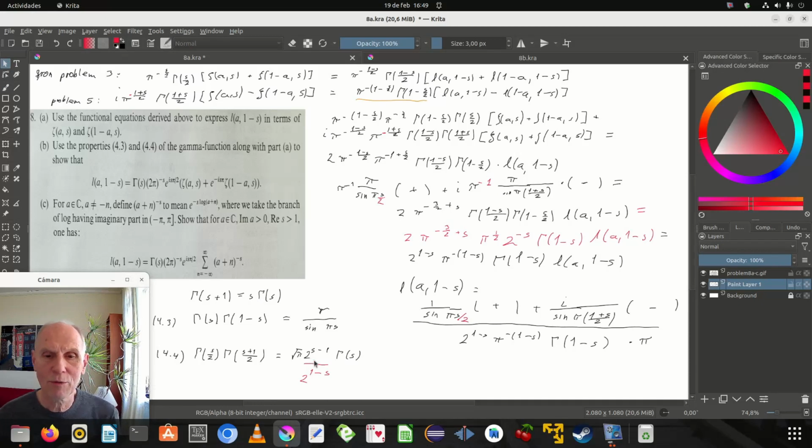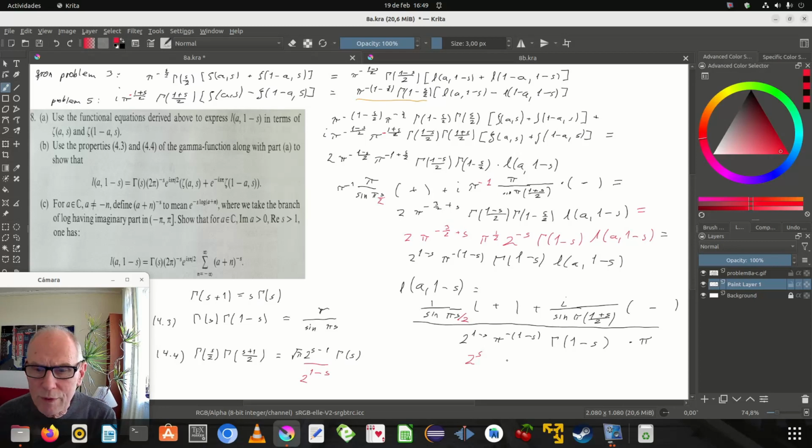The first one was that I copied the formula 4.4, exchanging 1 minus S, and that means we should have, when substituting S with 1 minus S, we get 2 to S down here, do we not? 1 minus S, that gives S. And the pi came from up here.